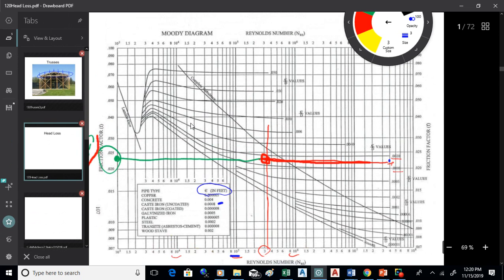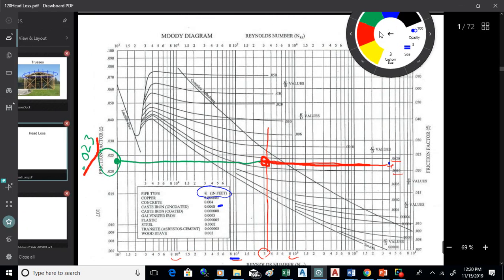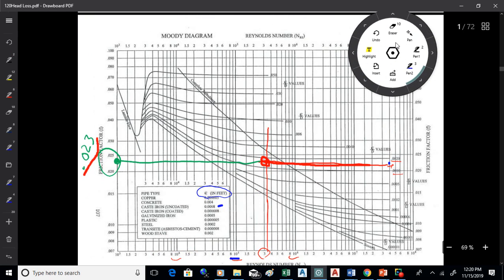So we'll come here and have a look. I think we're going to try and clean this up a little bit. There we go. Our epsilon over D is 0.0012. Here's 0.0016 right there, and here's 0.0005.